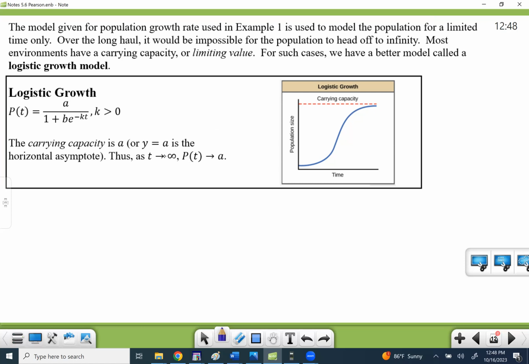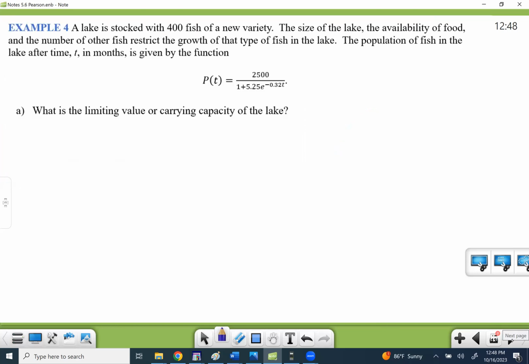In other words, as time goes to infinity, the population should approach A, is what this is saying in mathematical notation. So this is called logistic growth. It starts off the same as exponential growth. So exponential growth models are good to use in the short term, but they're usually not very accurate if we're talking about long term, if time's going off to infinity.